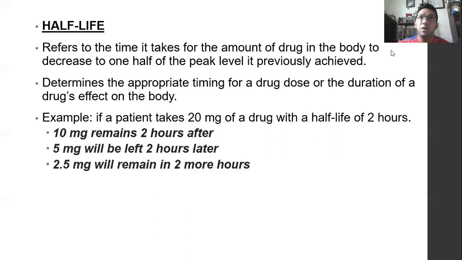It depends on the half-life of the drug. Each drug has a unique half-life, and it determines the appropriate timing for drug dose or the duration of the drug's effect on the body. So there are certain drugs that are given, let's say, for example, every 4 hours, every 8 hours, every 12 hours, because by that time, probably after 8 or 12 hours, the drug's dosage has been reduced into half.